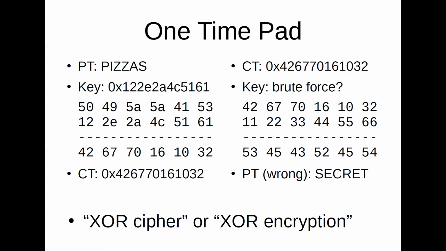Then an attacker finds your ciphertext, and they try to brute force this. They'll come across a key such as 112233445566, that when they XOR the ciphertext with it, gives the word secret, and they'll be all excited because they'll think they've cracked it, but it's completely wrong. The actual text was pizzas.